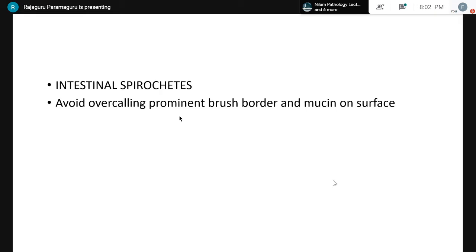But when you report this, make sure that you don't overcall a prominent brush border on the surface epithelium, or mucin, or a normal commensal which is sticking onto the surface epithelium, for intestinal spirochetes. So maybe you can do the special stains and confirm the same.